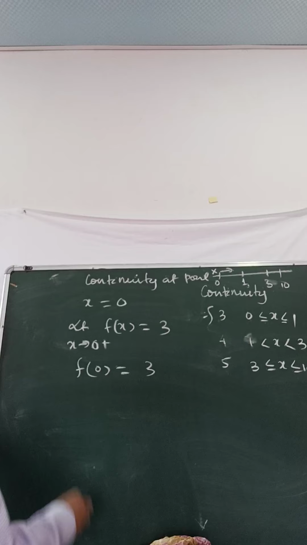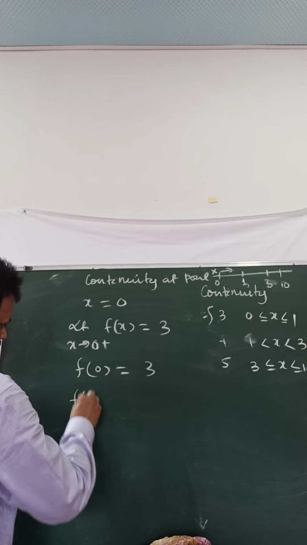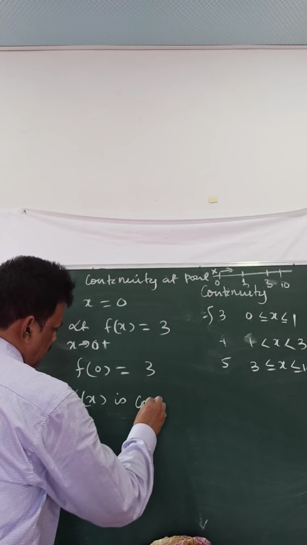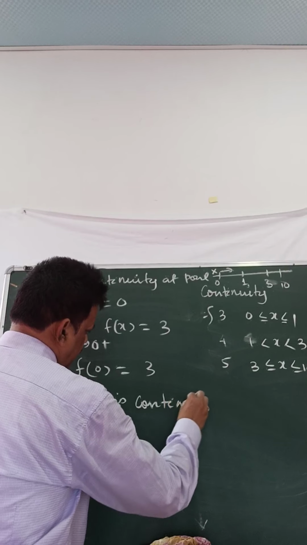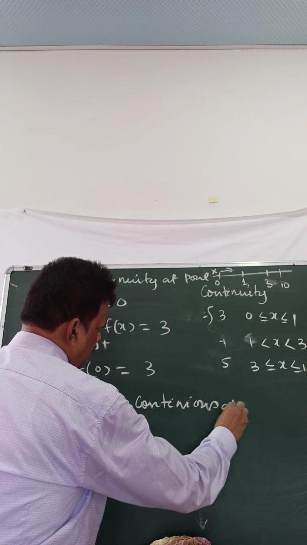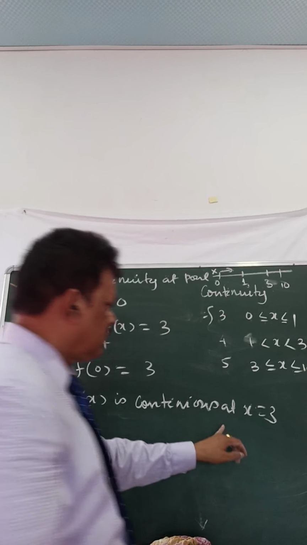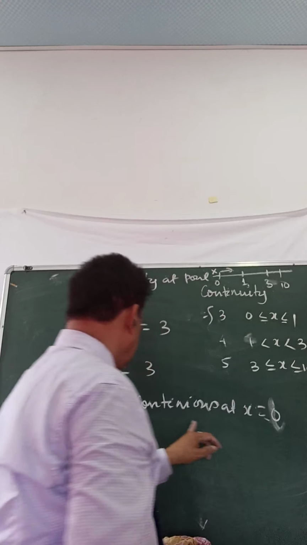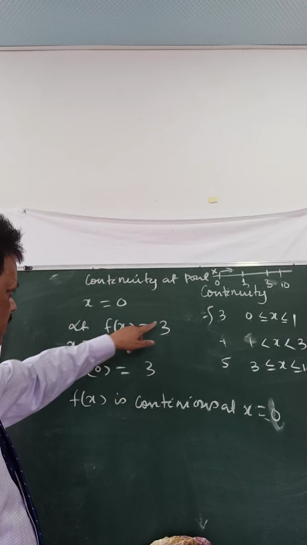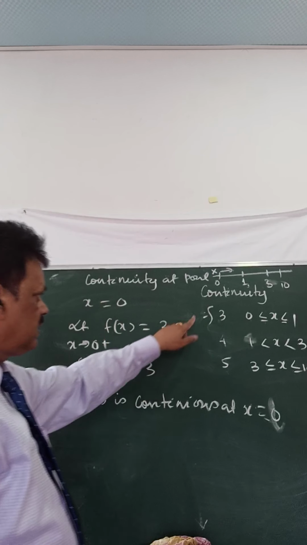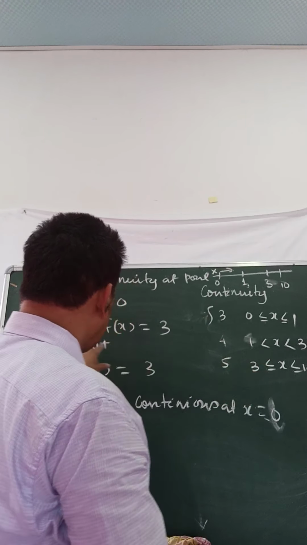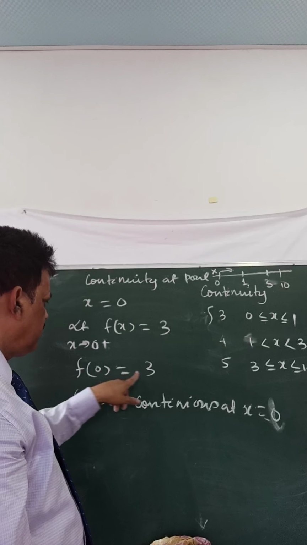So I can say f(x) is continuous at x equals 0, and the value is 3. Limiting value and functional value are both the same.